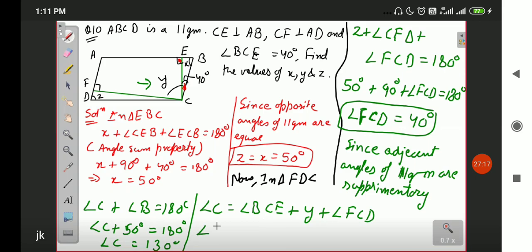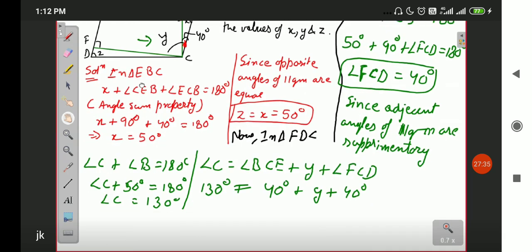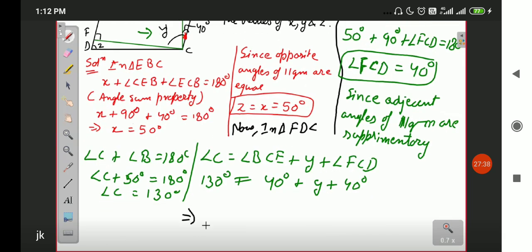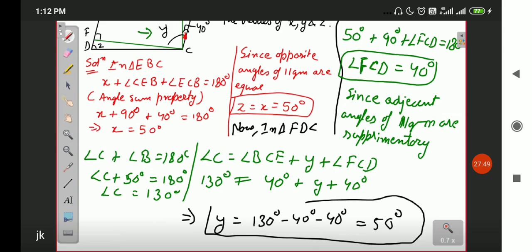So angle C, we already know the value of angle C. Angle C was 130 degree is equal to BCE was 40 degree plus Y plus 40 degree. So in this manner, Y can be determined as 130 degree minus 40 degree minus 40 degree. That will be 50 degree. So the value of all three X, Y, Z in this question is 50 degree.